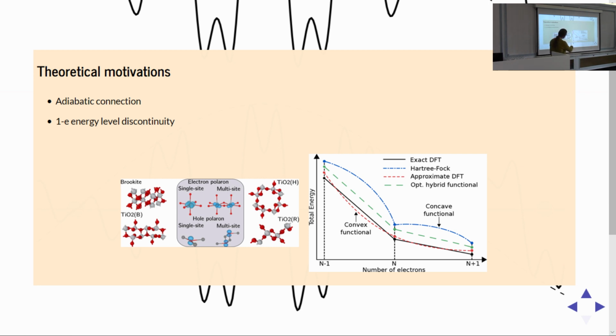So you should have these straight lines between the states with n-1, n plus 1 electrons. And what was observed is that most approximate DFTs are convex, so they go underneath the linear line.